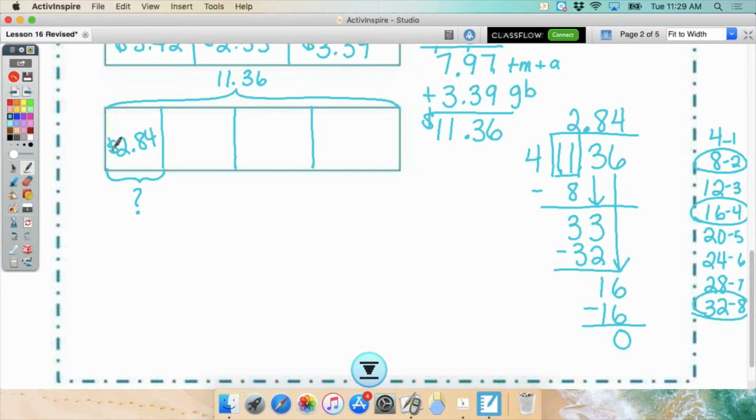Now how can we check to see if we did this right? Multiply. What would I multiply? 284 times 4. Times 4. Man, you knew it. And listen. How many decimal place values will I need? 2. Okay, everybody multiply and see what you get.